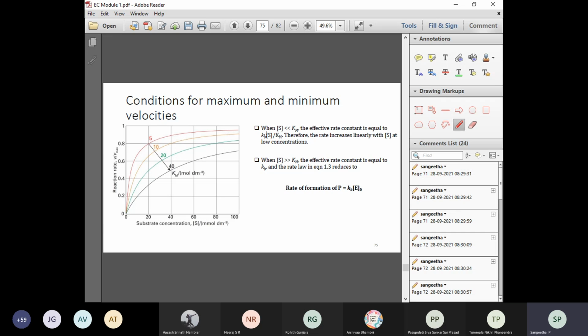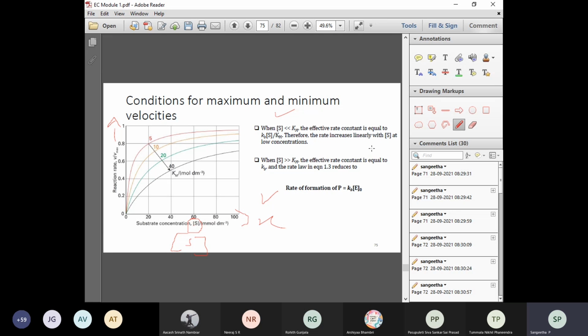Again, when the free substrate concentration is less than the Michaelis constant, the effective rate constant is going to be this. This is a repetition to show you the plots. If you see the reaction rate on the y-axis and the concentration of the substrate on the x-axis, what is happening at low concentration?